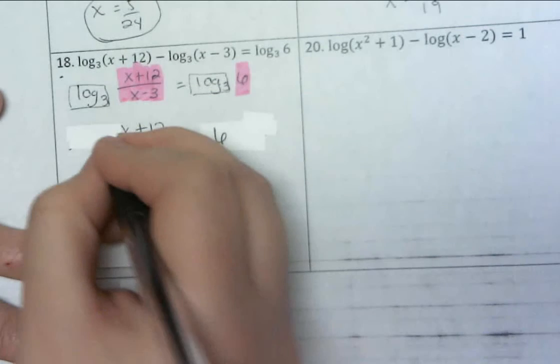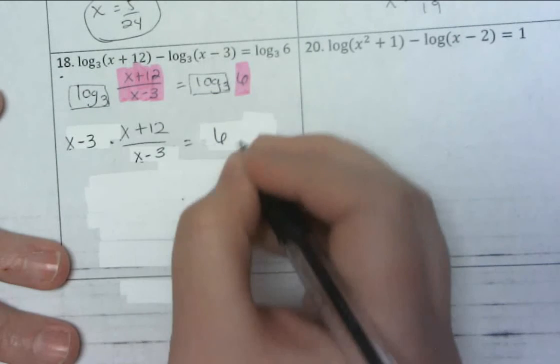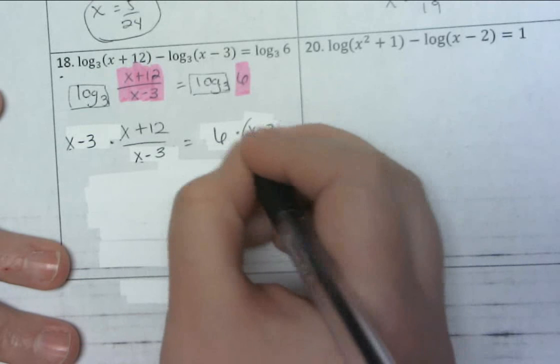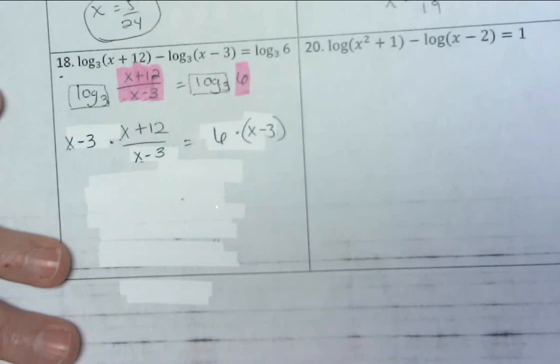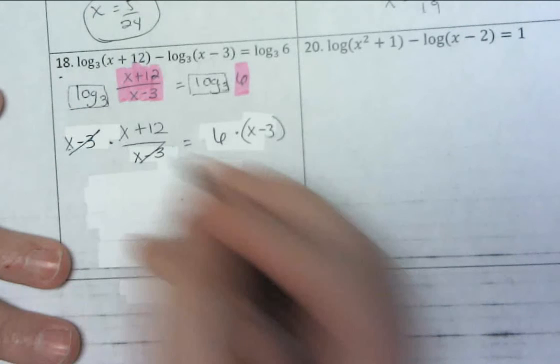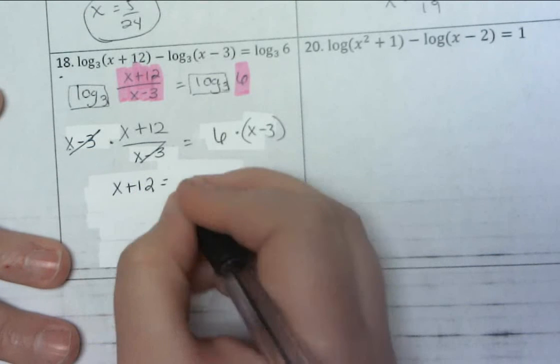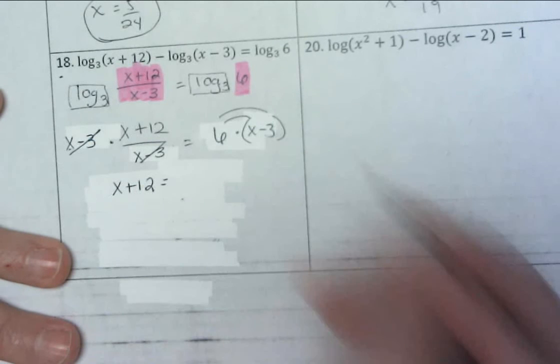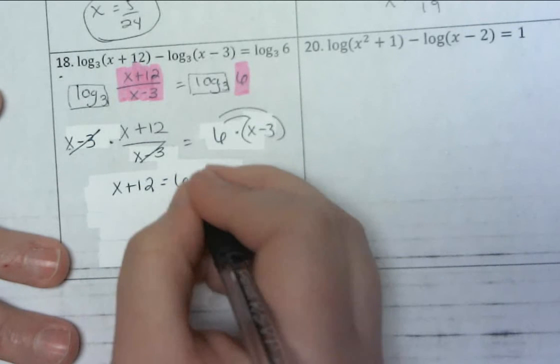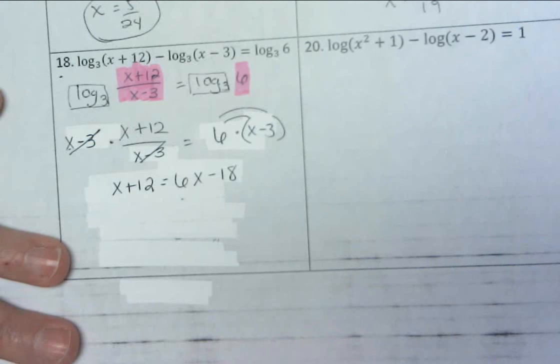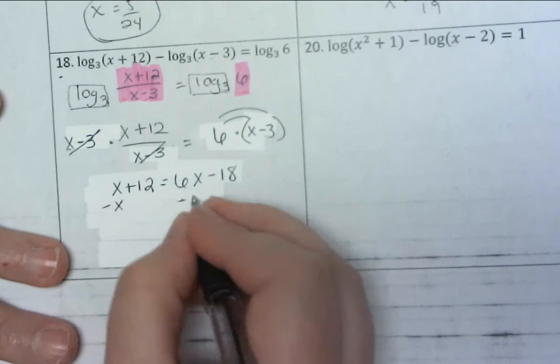Multiply this by an x minus 3 and this by an x minus 3. So that gives me x minus 3's cancel, so x plus 12 equals, distribute that out to get 6x minus 18. Now, minus x on both sides because it's smaller.